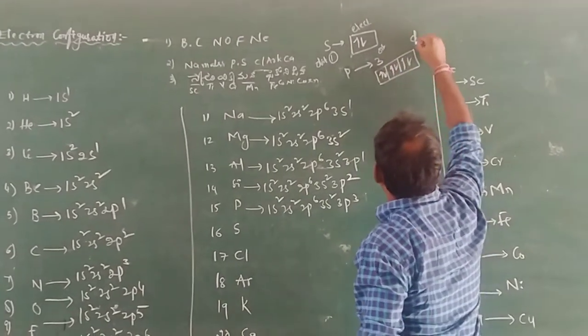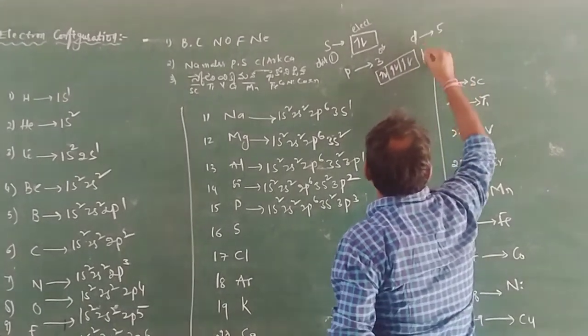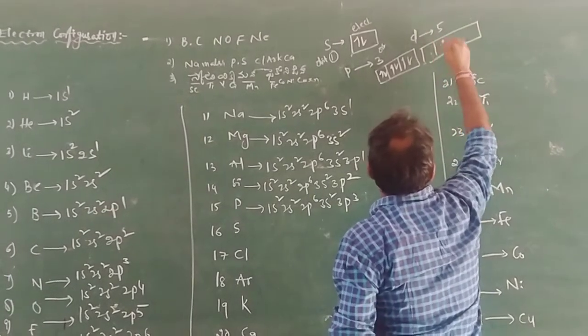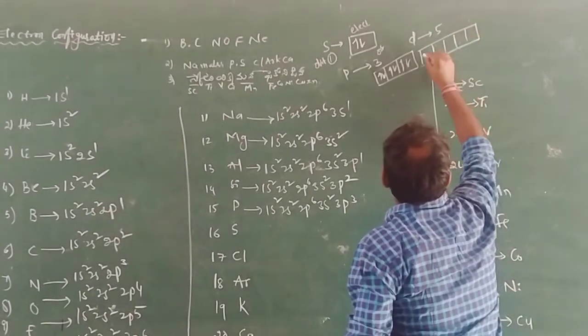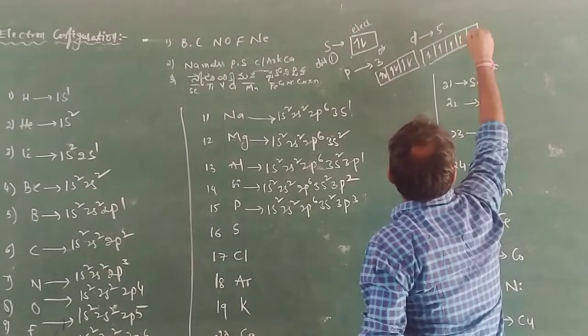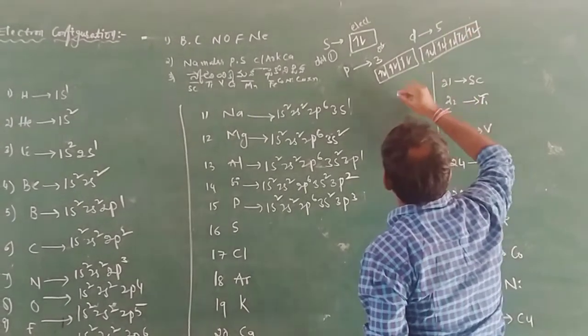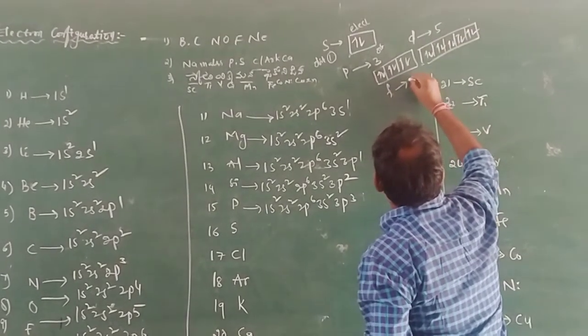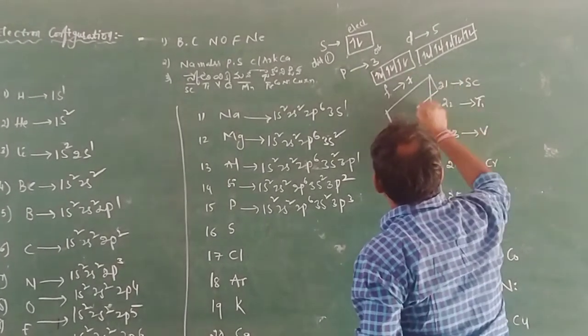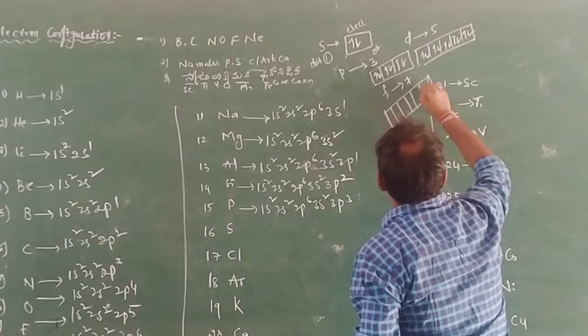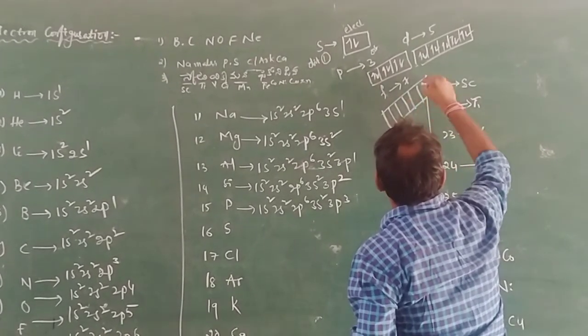The number of d orbitals is 5, so the maximum number of electrons in d is 10: 1 to 10. Next, f has 7 orbitals, and the maximum number of electrons is 14.